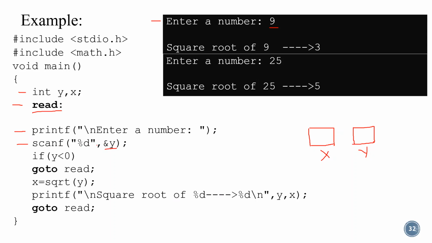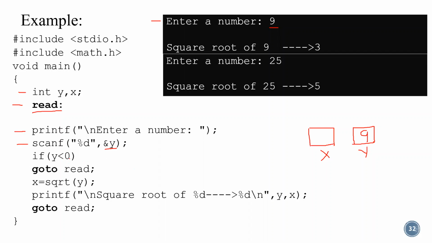So when you use scanf, we pass the address of the variable as the second argument. We already accepted the value 9, and we are saving it in memory at the address location given by ampersand y.